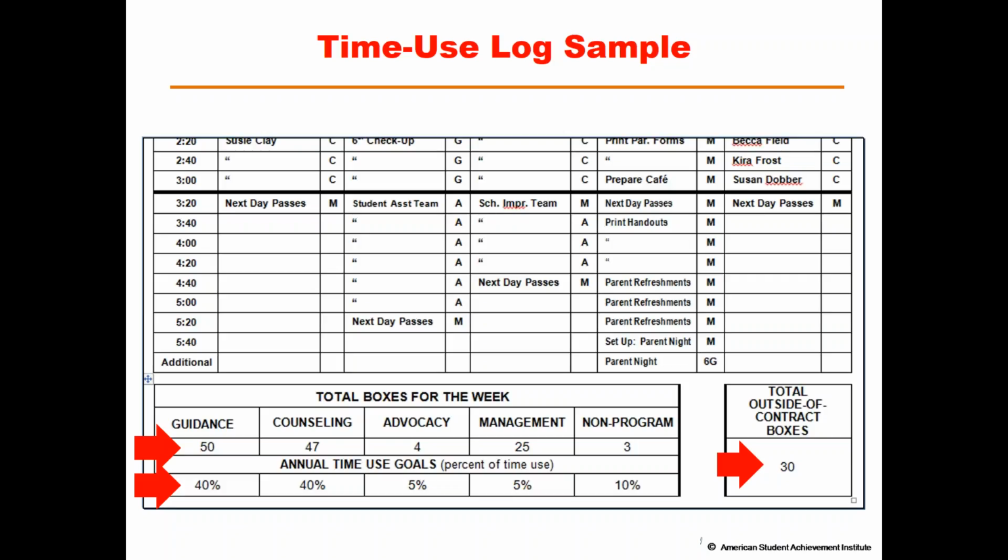We just want to be able to have that conversation in a data-based way. So it's not a wishy-washy conversation, but there may even be goals there, working to get from 10% of our time outside of contract, or from 10 hours outside of contract to 2 hours outside of contract, or whatever that is for you personally.